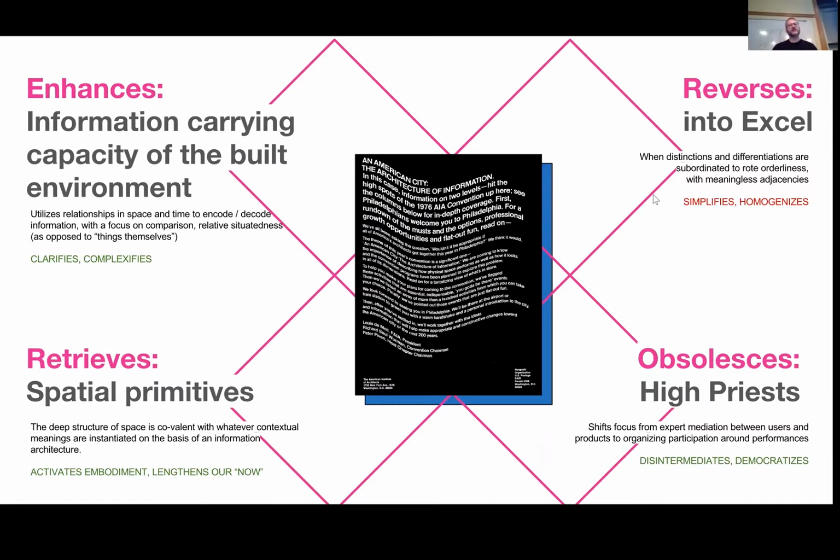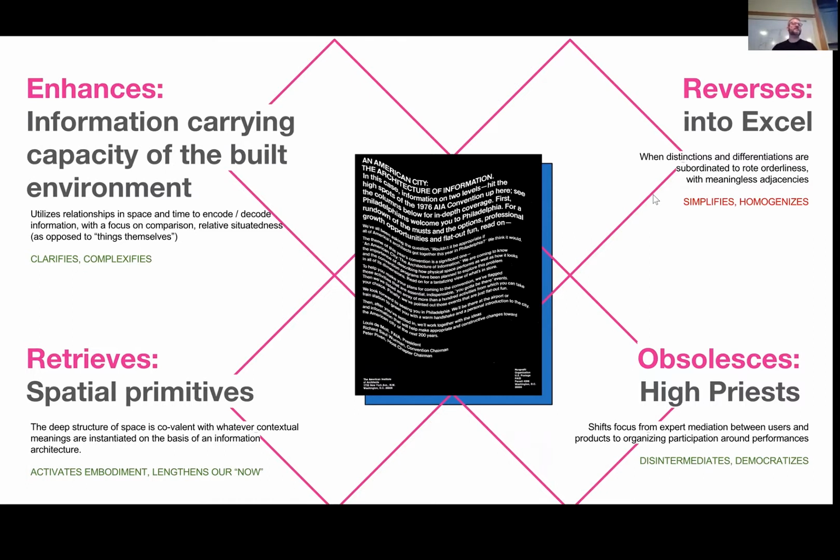As I ran this analysis, the way I decided to say it for today is this enhances the information carrying capacity of the built environment. What a wonderful thing to be able to do. As density in urban areas becomes more and more problematic in the 1970s, as the energy crisis is gripping the United States and many places in the first world, the idea that we could make the environment, as I said in the little type here, utilizes relationships in space and time to encode and decode information with a focus on comparison and relative situatedness.